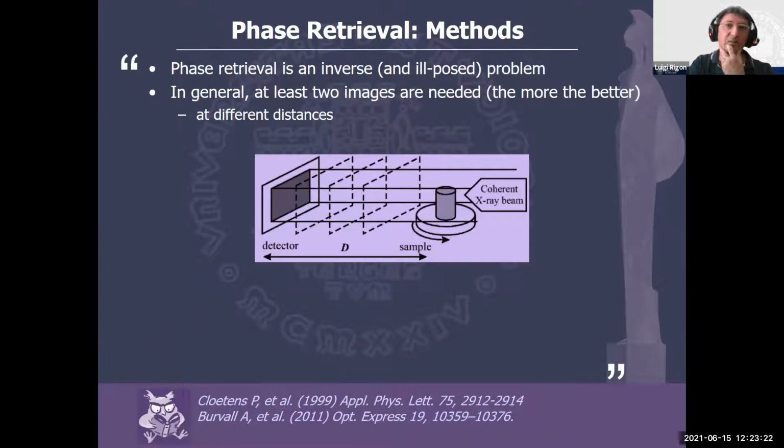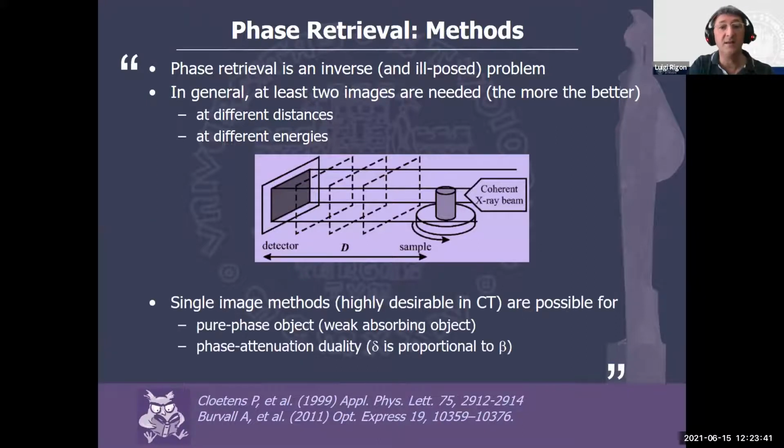How can you do that? Well, there are several techniques. The more appropriate ones need to take images at several distances or maybe at several energies. But this, of course, is not very practical, particularly in medical imaging.